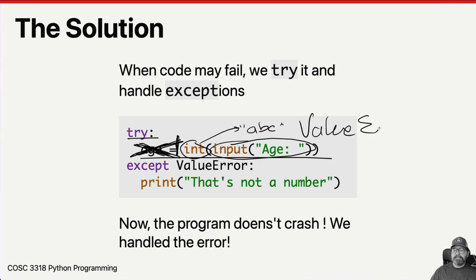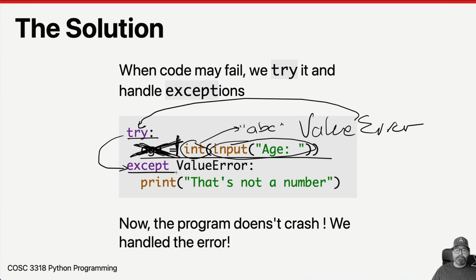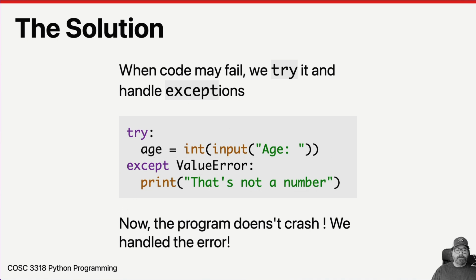And so because it has a value error, it tells that to the try block, and then the try goes and finds the except block that has value error for it. And in this case, because we typed in ABC, it'll print out that's not a number. And then it just continues on. So with this in place, we're handling that exception, and the program doesn't crash.